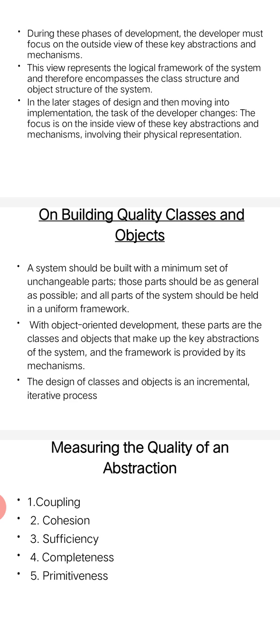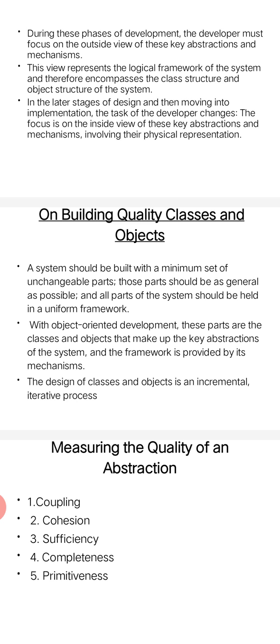All parts of the system should be held in a uniform framework. So if you create a class or an object, all the parts are going to be uniform, they work uniformly.